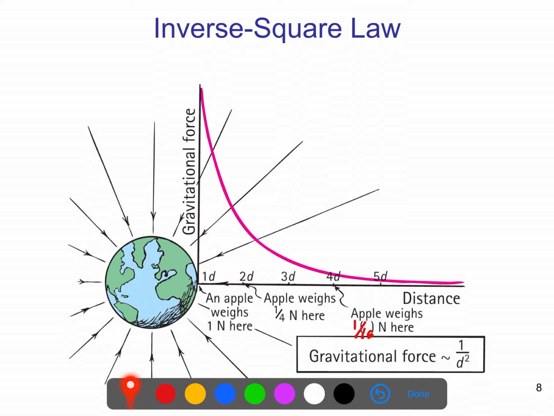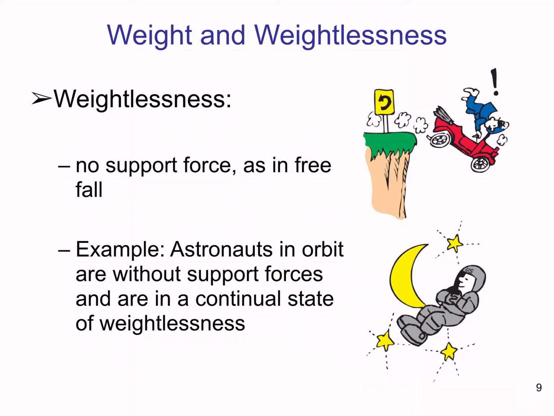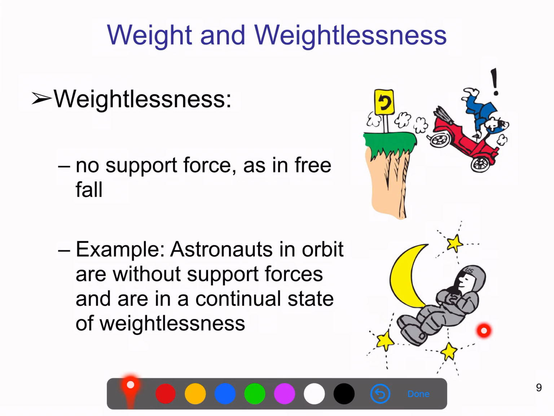Strictly speaking, I would have to plug in infinity here in order to get a zero. You'd have to be infinitely far away from the Earth. But we can get to a point where it drops off a lot. However, most of the astronauts, say, that are in orbit, low Earth orbit, are nowhere near that distance from the Earth. So why is it that they talk about astronauts experiencing what we would call weightlessness?